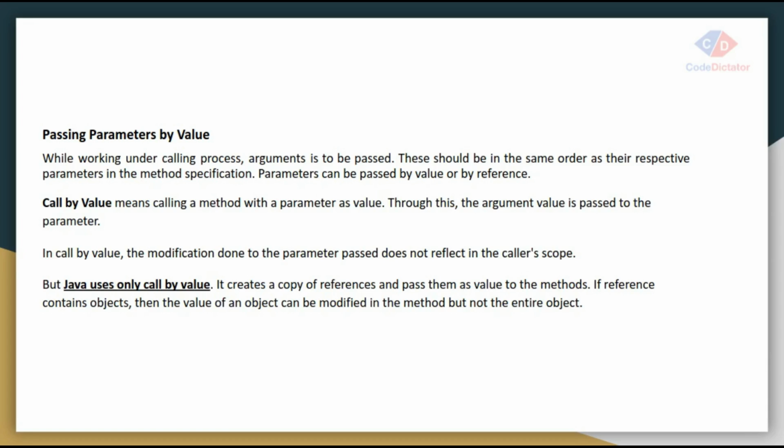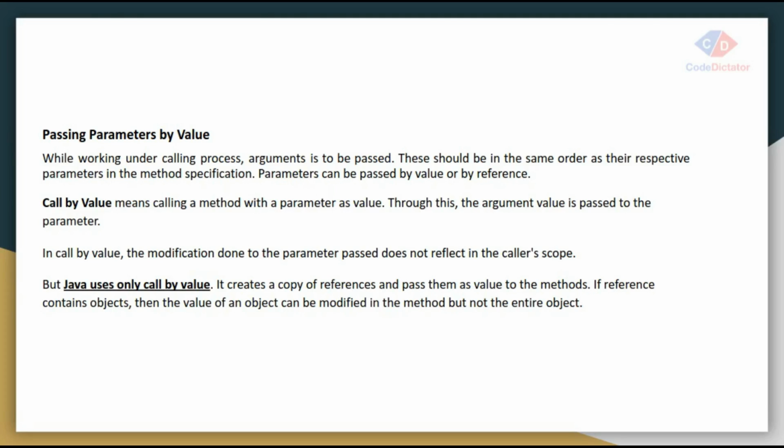Pass by reference is simply this: whenever you are passing a reference to a method, if that method changes the values locally, it will affect them globally. Pass by value means whenever you are calling a method and passing a parameter, that will be considered a value.